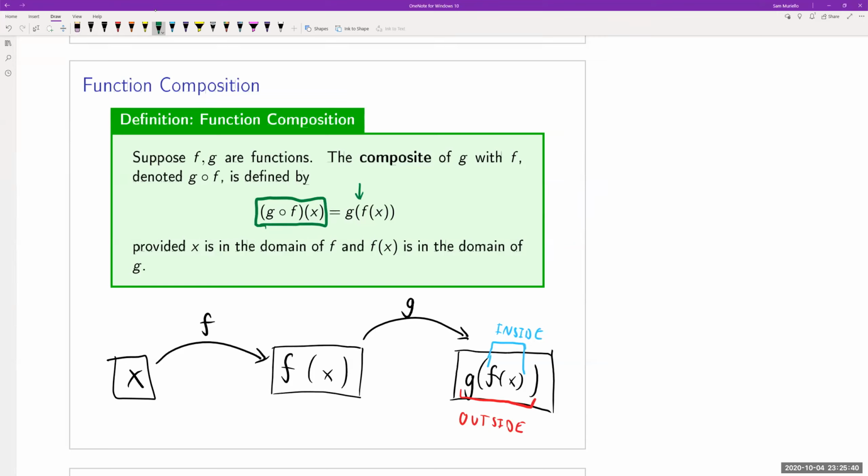However, in either case, it's very important to know that perhaps counterintuitively, it's the right-hand function that's activated first, then the left-hand function. With the inside-outside notation, that is a little bit more clear than it is with the circle notation, which is why I will prefer the inside-outside notation. But we will certainly want to be able to recognize both.